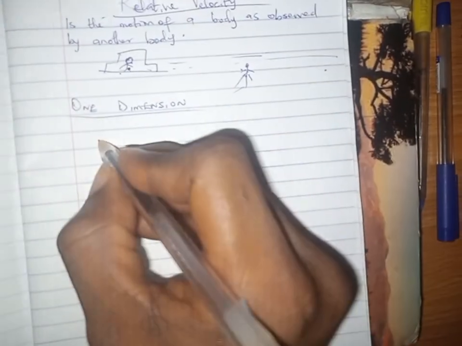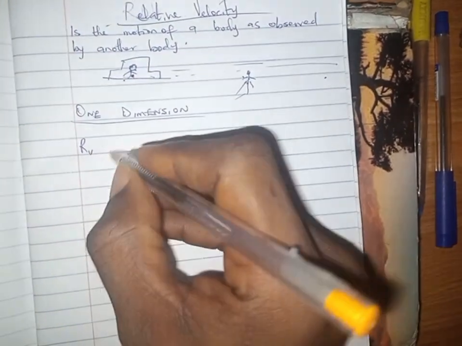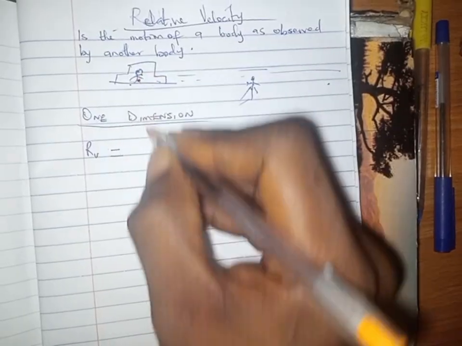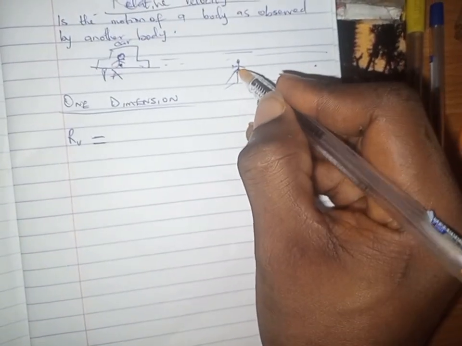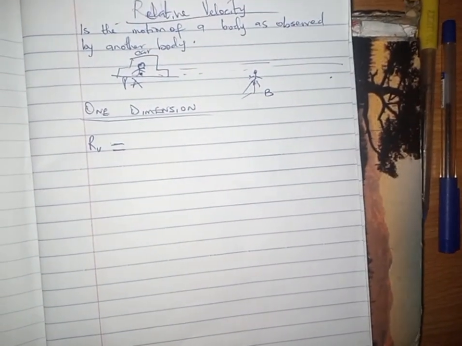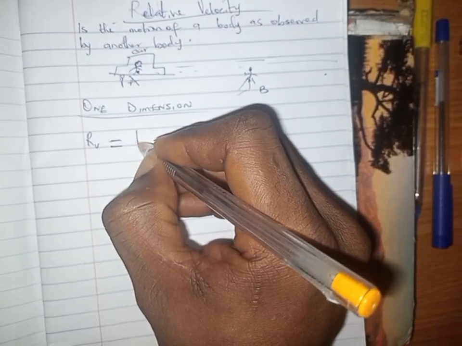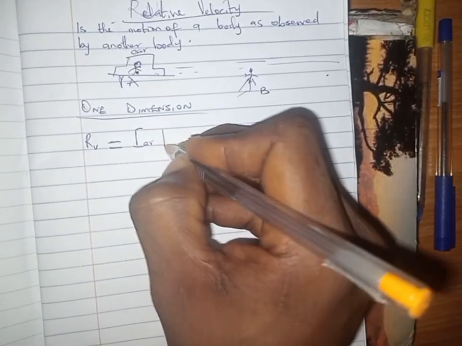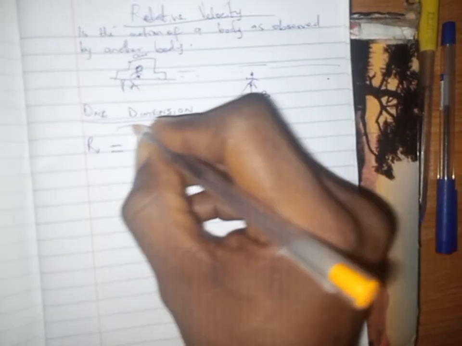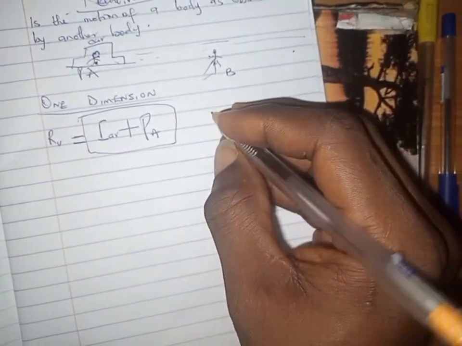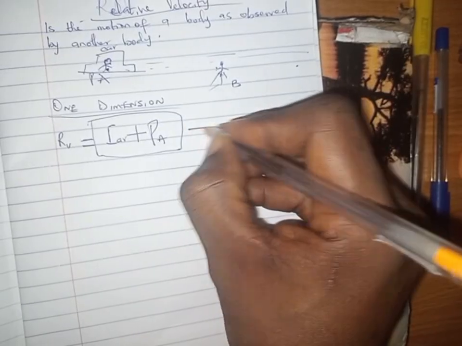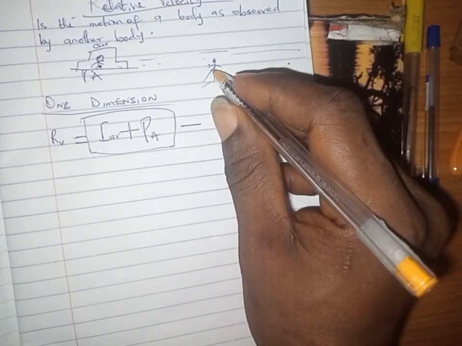So in one dimension, let's say this is A, B. So car and the person A. His relative velocity as observed by this person will simply be car plus person A, then minus him.